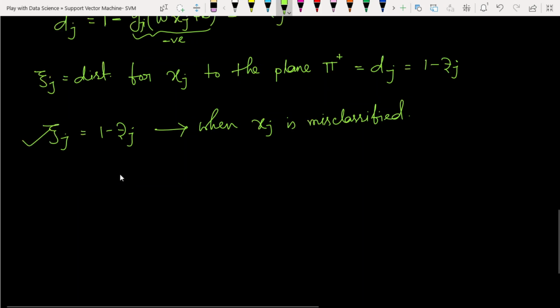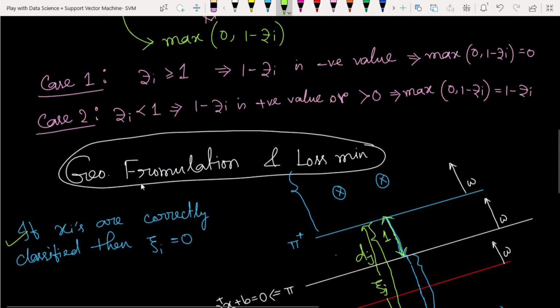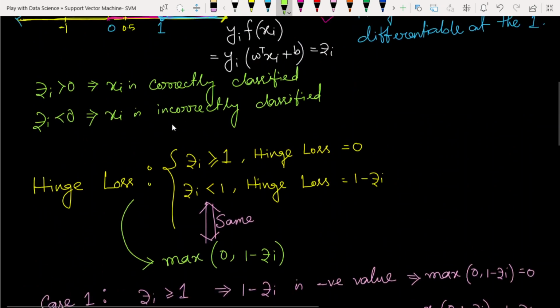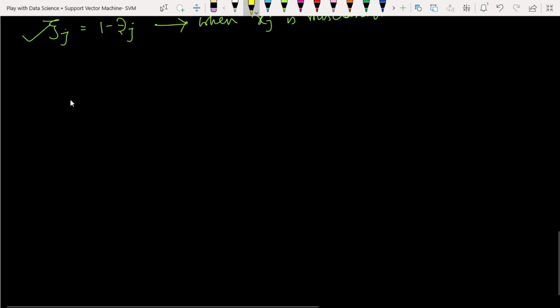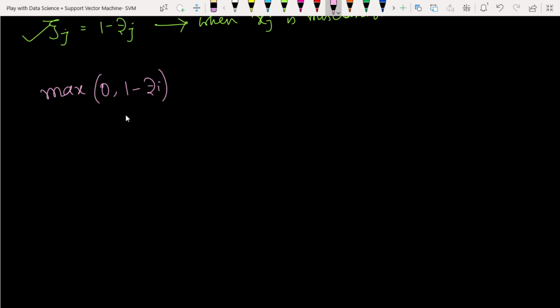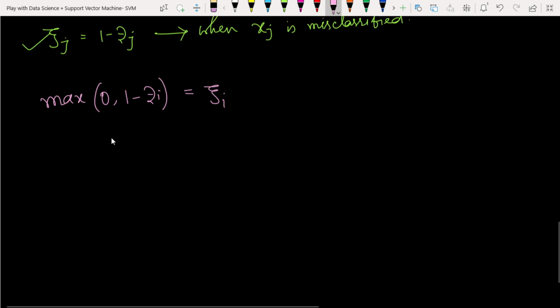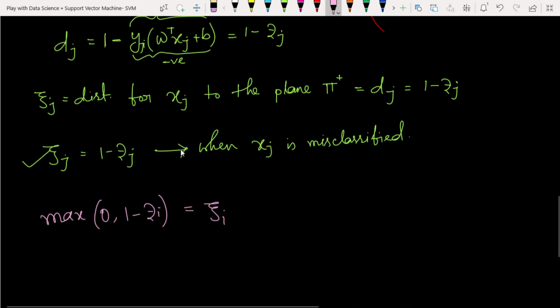Now I am comparing these two concepts with the function that is our Hinge loss function. Just compare this. So what do we get in our Hinge loss? Just remember our Hinge loss function. The Hinge loss function is max of 0, 1 minus zi. If we call it zeta i, then we simply get this function zeta i.